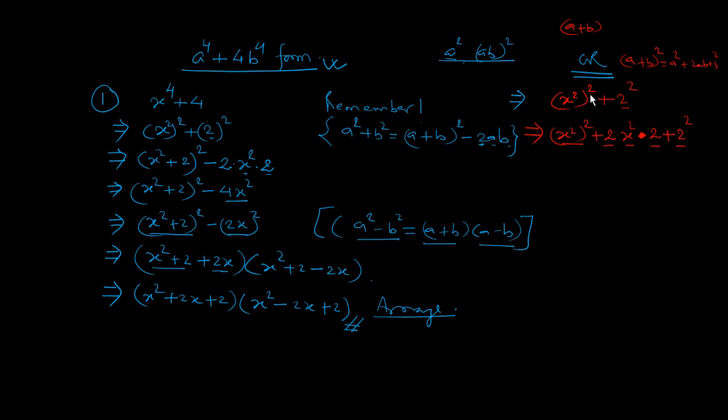If we compare the first and second steps, the first step is (x²)² and 2² only. But in the second step, we have written (x²)² + 2² and the middle term as well, so we have added this term. To make the first step equal to the second step, you have to subtract 2·2·x², that is 4x². I have written it here directly.